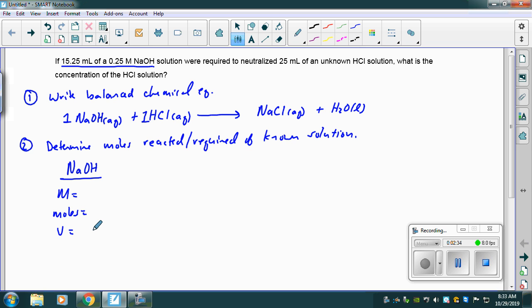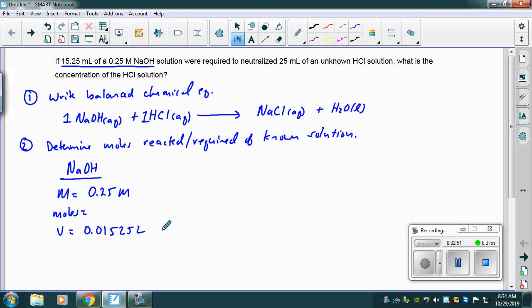I fill in what I can. The concentration of the sodium hydroxide is 0.25 molar. The volume that I used is 15.25 milliliters, or 0.01525 liters.